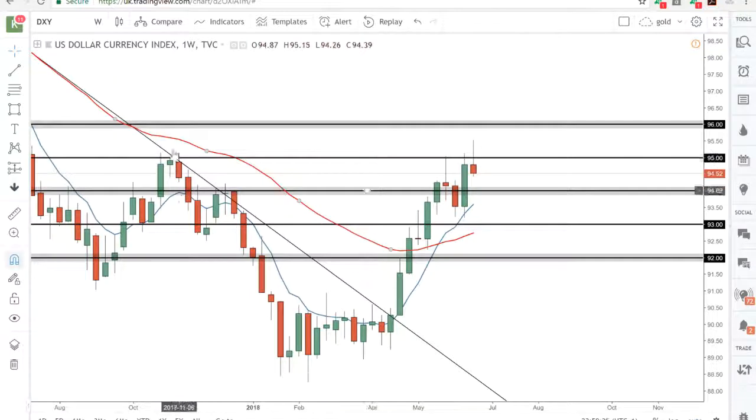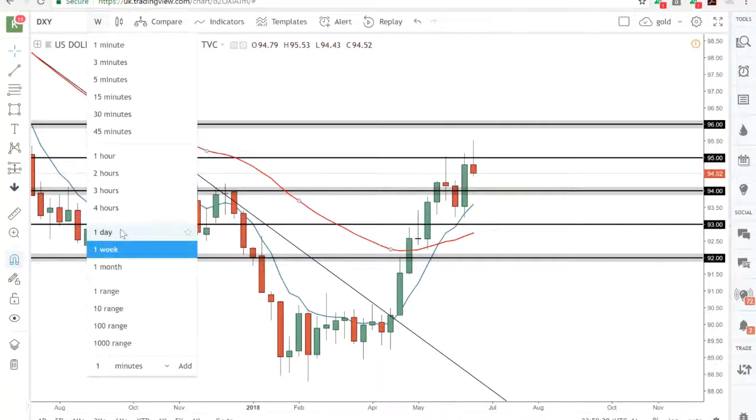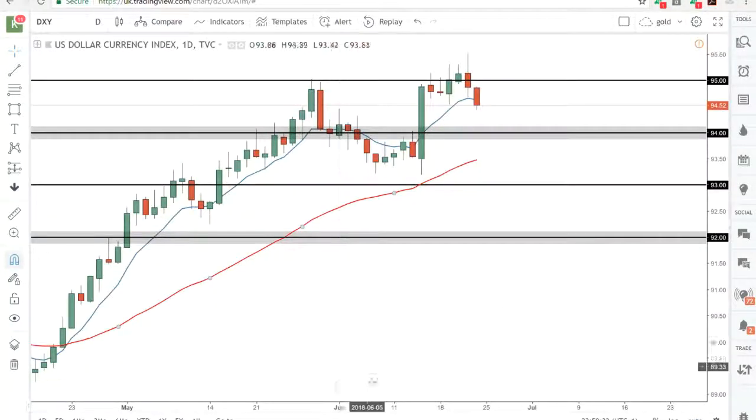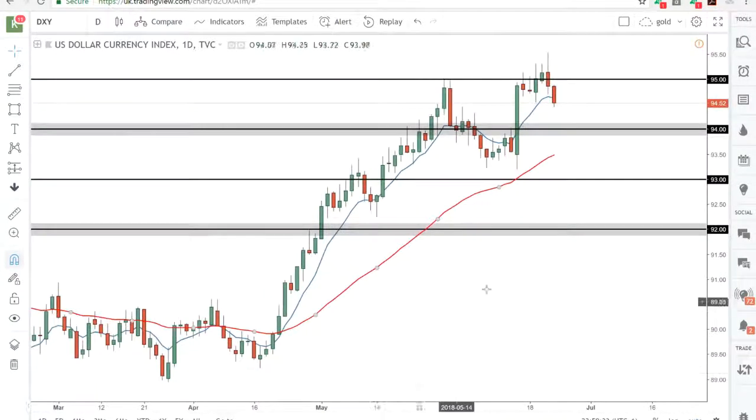Like I said, the double top formation would see the dollar move downside from here. And again, even on the shorter time frame, we've struggled to break through this resistance, and price closed bearish today's close.